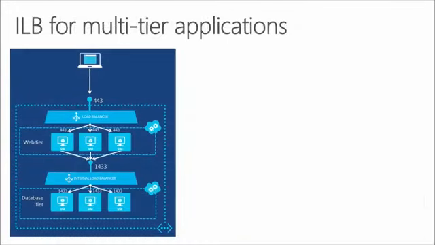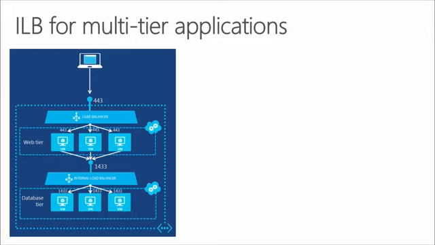You can see a sample reference architecture. So there's a load balancer for terminating the SSL traffic. It just forwards the requests to the virtual machines in web tier. But then these virtual machines running in web tier are also using an internal load balancer.